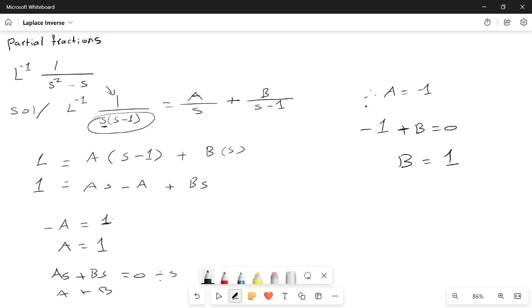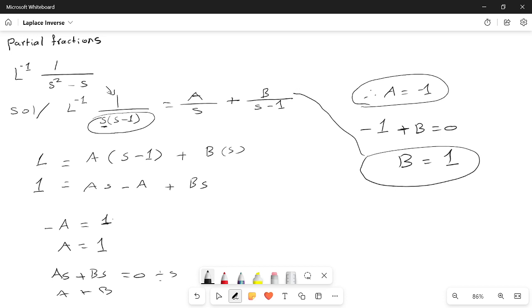Now we take the new values of A and B, and we substitute them back into this equation. So we have negative 1 divided by s plus 1 divided by s minus 1.